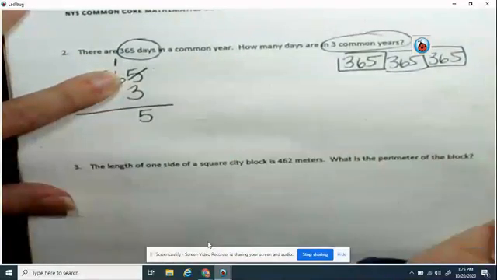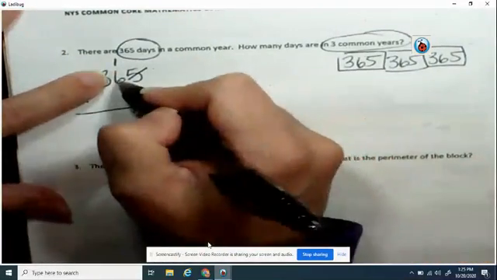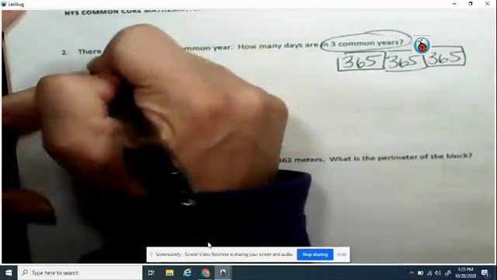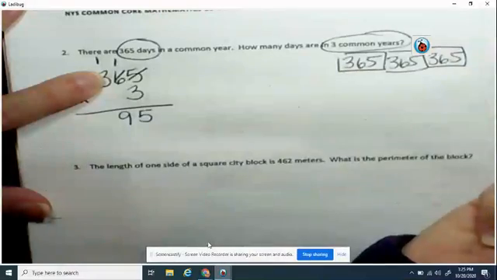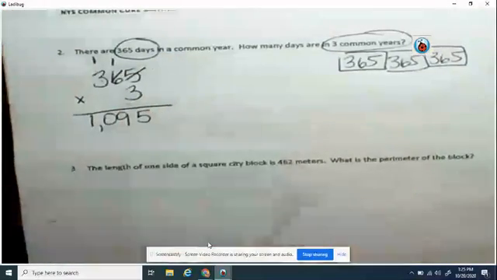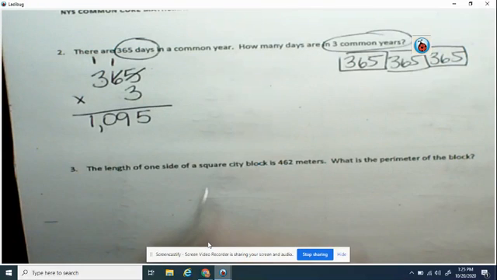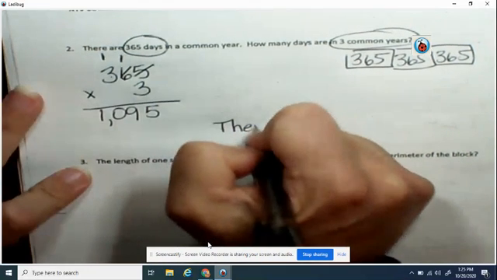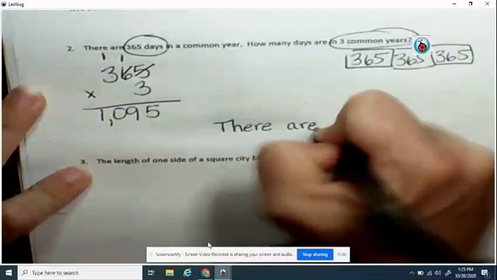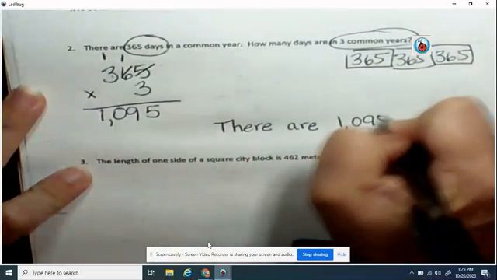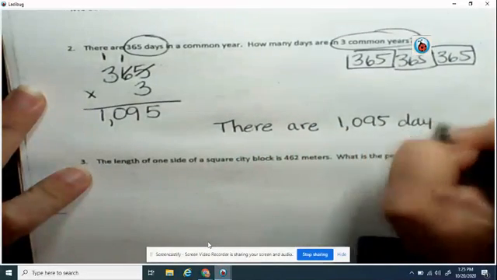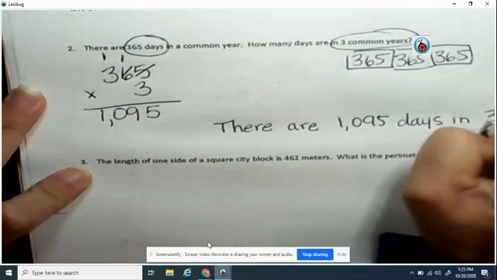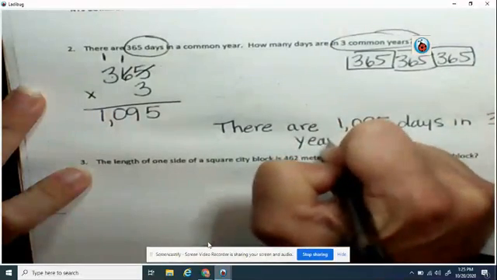Cross out the ones place. 3 times 6 is 18, plus 1 more is 19. Again, if you don't know them, write out your 3's. 3 times 3 is 9, plus 1 more is 10. So 1,095. We need words. There are 1,095 days in 3 years.